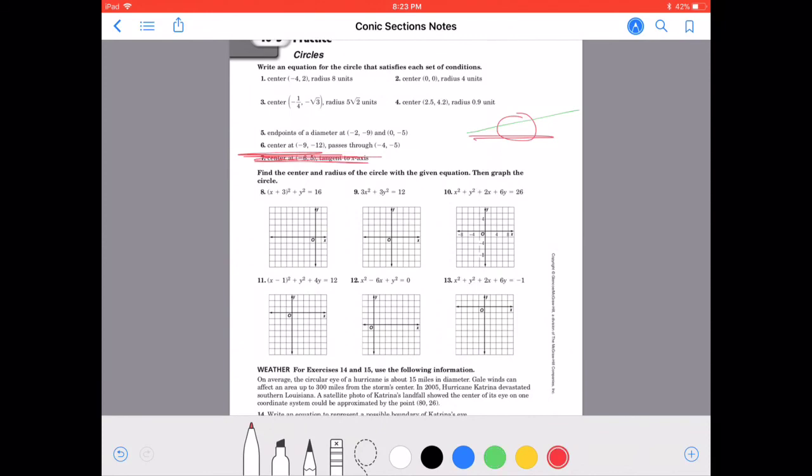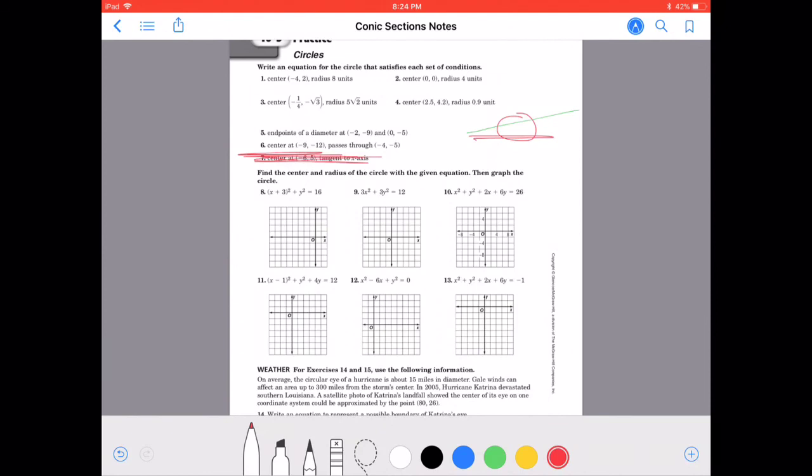So if we keep looking through these example problems, I'm trying to do this for you so that way you can do a similar thing on the worksheet the sub will pass out to you once you're done with the video. And also, if you did have a question, you can say, I'm stuck on a problem like number 9 on the note paper, and then I could try to walk you through it. So 8, 9, 10, 11, 12, and 13 are all set up, so you have to do the complete the square process, and once you do that, then you'll be able to graph your circle pretty quickly.